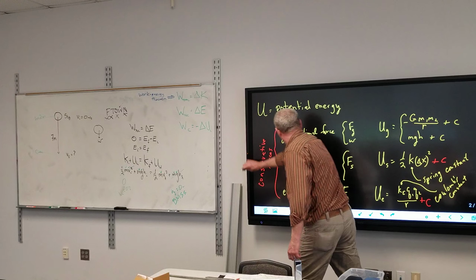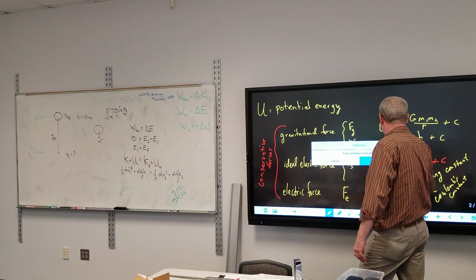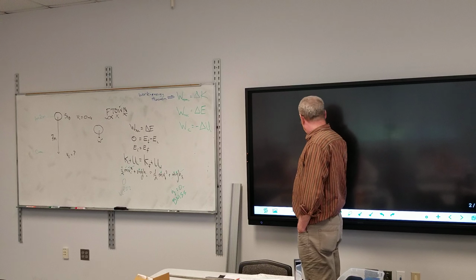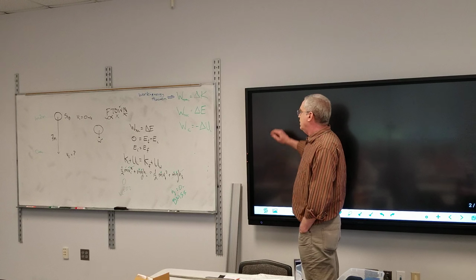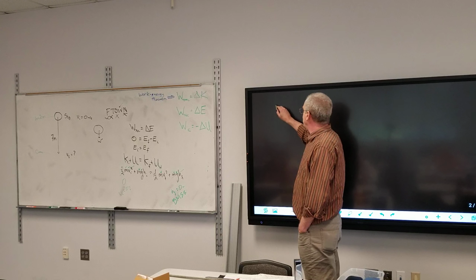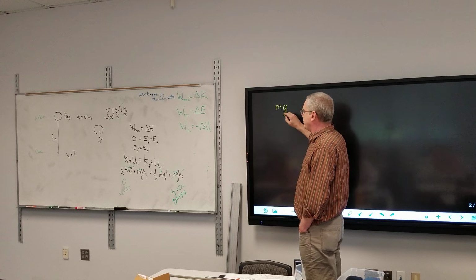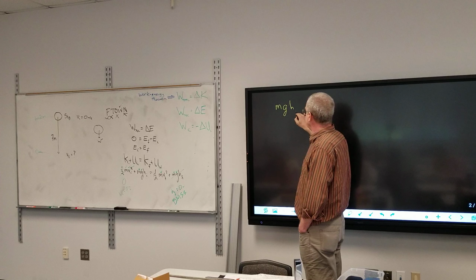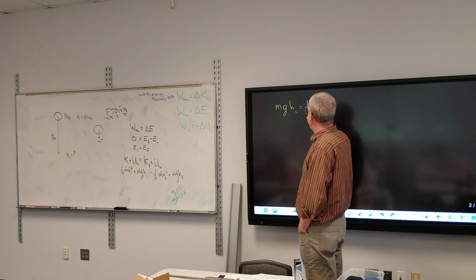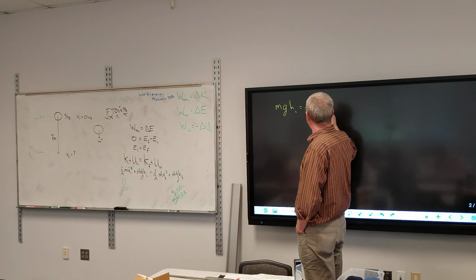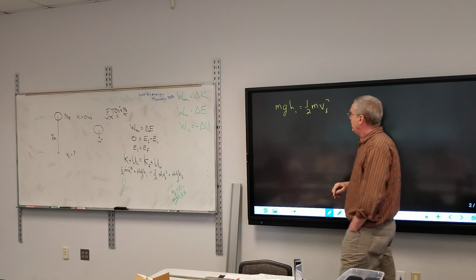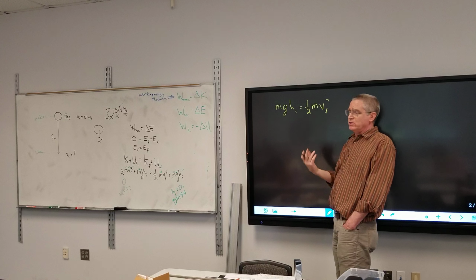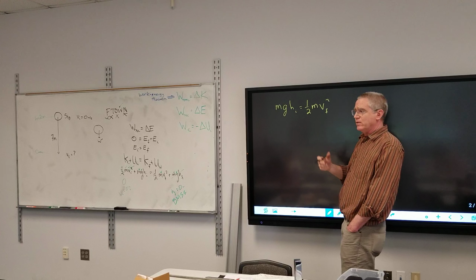Now let's go over to here. We have now reduced it down to the mass times the acceleration due to gravity times the initial height is equal to 1/2 times the mass times the final speed squared. We're trying to find the final speed. At this point, we can plug and chug or still manipulate the letters.